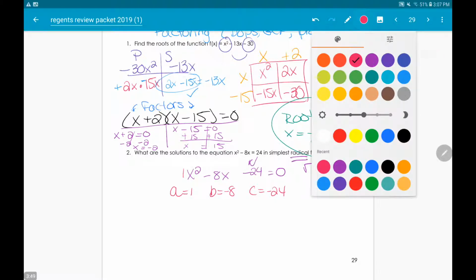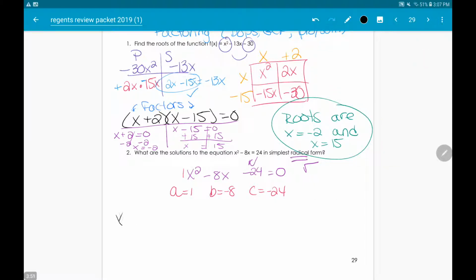I should never, ever, ever have a letter in my formula. I got it wrong. B, A, C.